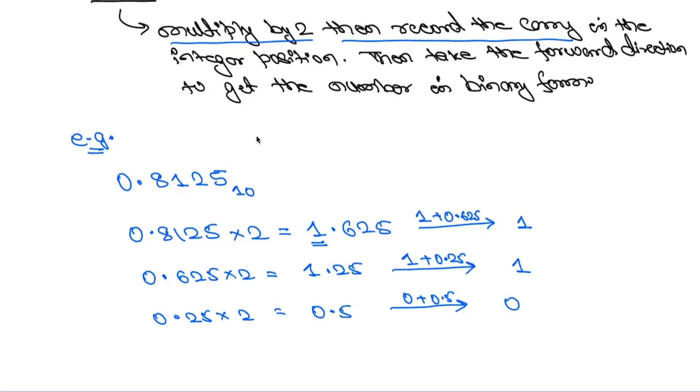Again, 0.5 into 2 will become 1, and 1 can be written as 1 plus 0.0. That is, the carry is 1. Now here we will stop. When we get 0.0, we will stop. The required number is 1101.